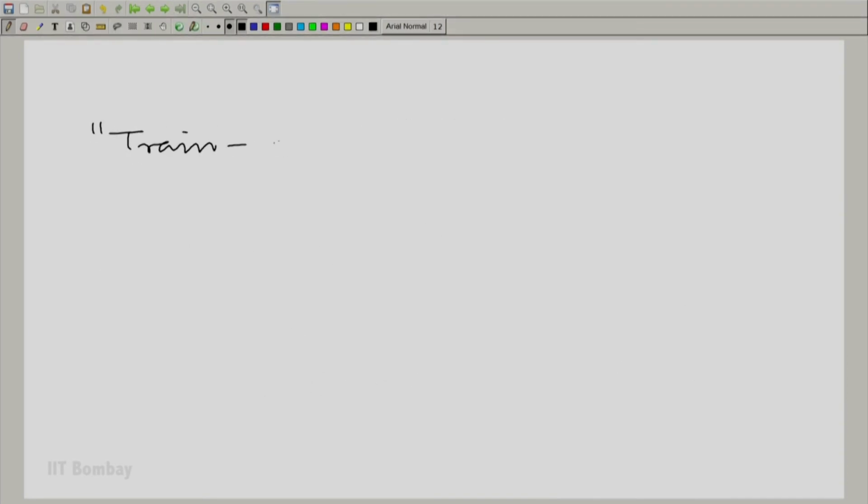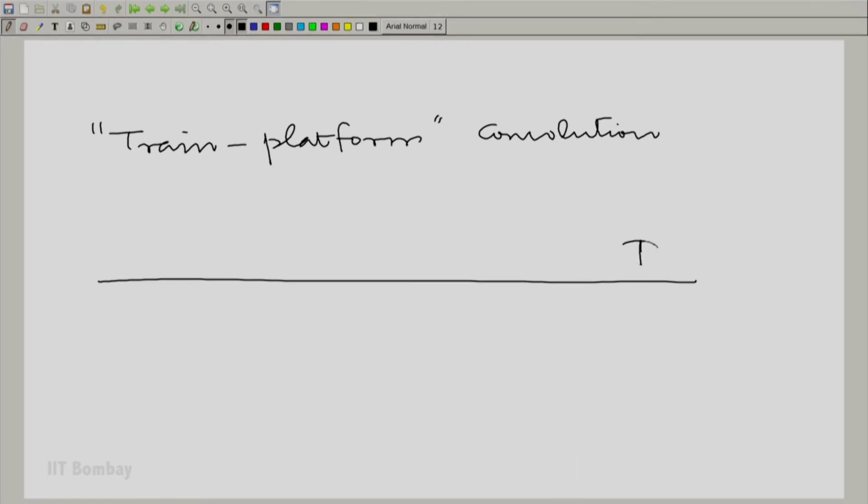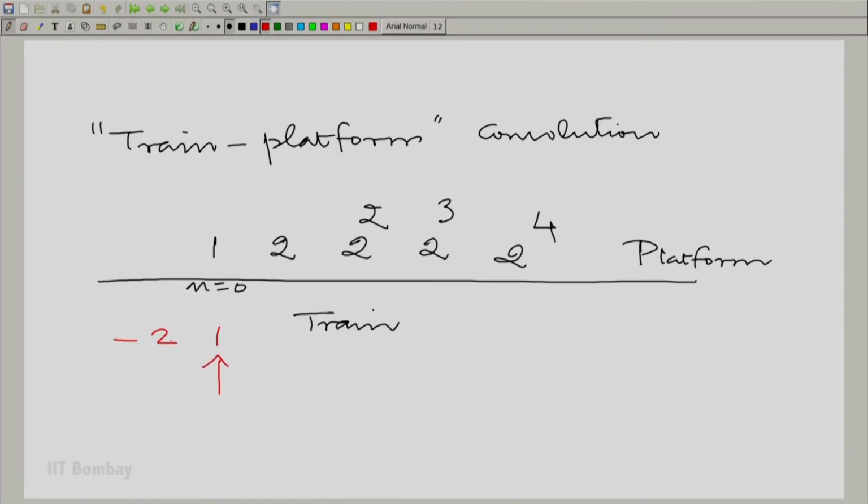Let me use the train platform analogy to convolve. So, you have the platform on which, starting from n equal to 0, you have 1, 2, 2 square and so on sitting, and you have the train, and the train moves, and you can see that the beginning of any output of the convolution will only be here at n equal to 0.